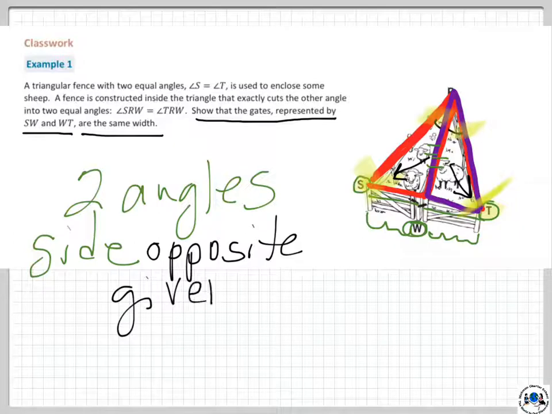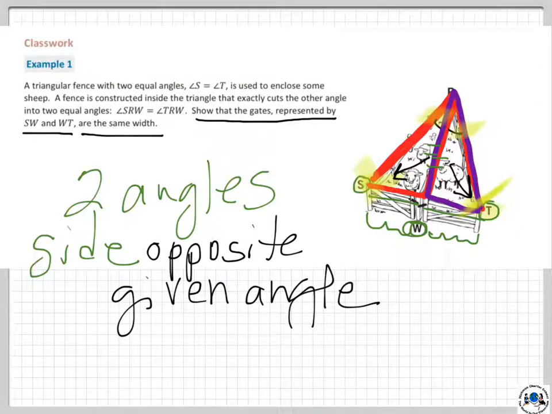We have met those conditions, and because we have met those conditions, we know that these are identical triangles. And if they are identical, everything about them has to be identical. Therefore, the gates here are going to have the same width: this one here, SW, and this one here, WT.